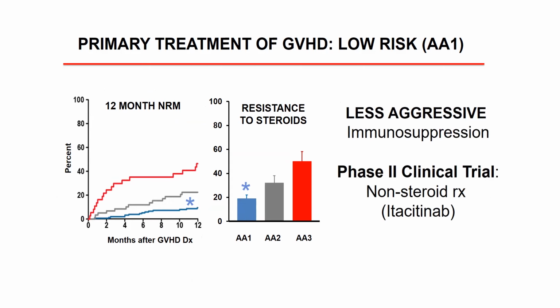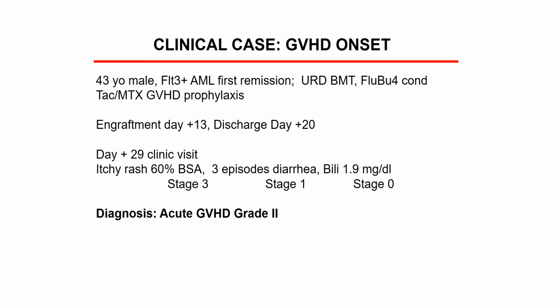So the approach for him would be less immunosuppression. And in this case at Mount Sinai, we had a phase 2 clinical trial of non-steroid treatment, or the JAK1 inhibitor, itacitinib.